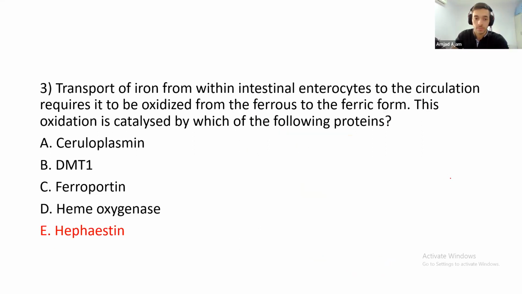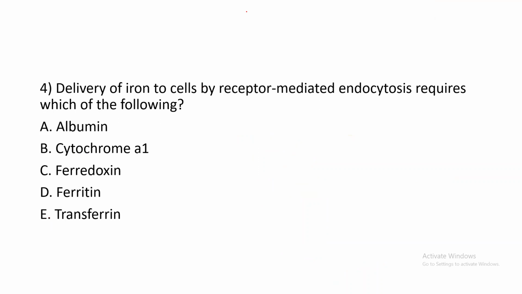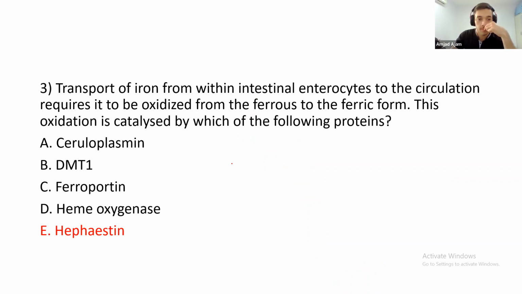Can I ask you one question, please? Yeah, sure. Go ahead. So, can you go back to question number 3? Sure. So from ferric to ferrous is by the duodenal cytochrome B, and from ferrous to ferric is hepcidin E, right? Exactly.